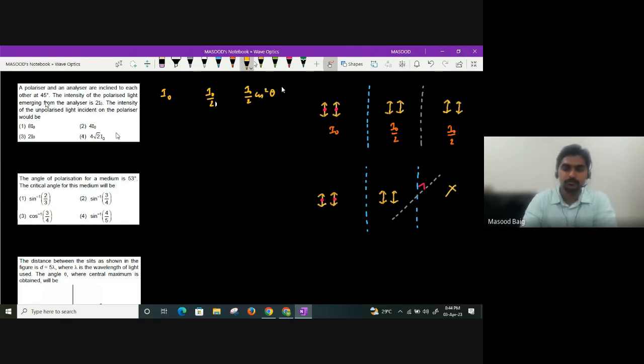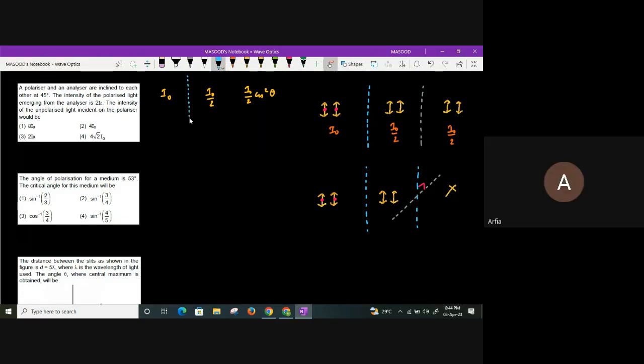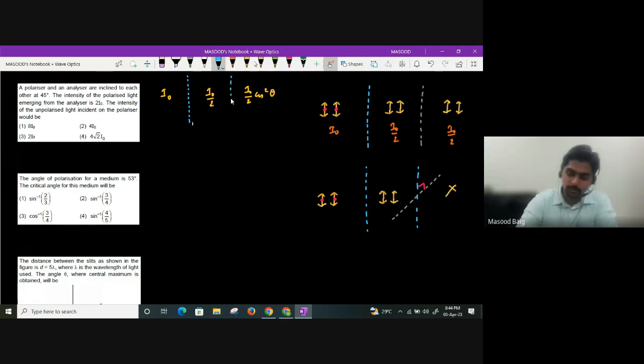This is the transmission axis of the polarizer, and this is the transmission axis of the analyzer. What is the angle between them? 45 degrees. They are saying the intensity of the polarized light emerging from the analyzer is 2I0.